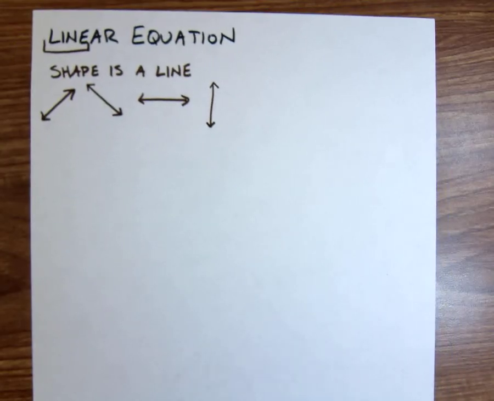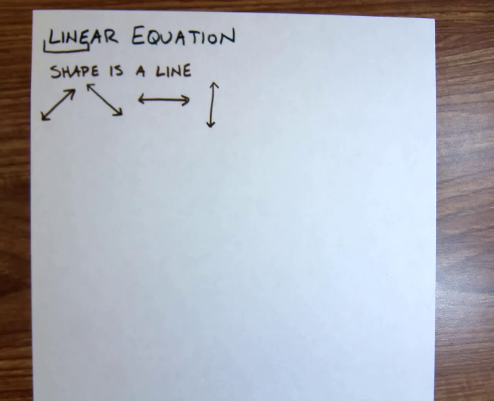Those are the 4 kinds of lines there can be. So how can you tell just by looking at an equation whether or not it's going to be a line? The simplest way to answer that question is, it's a line if nothing weird is happening to the x.